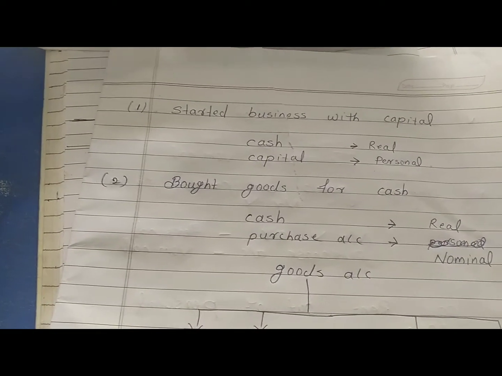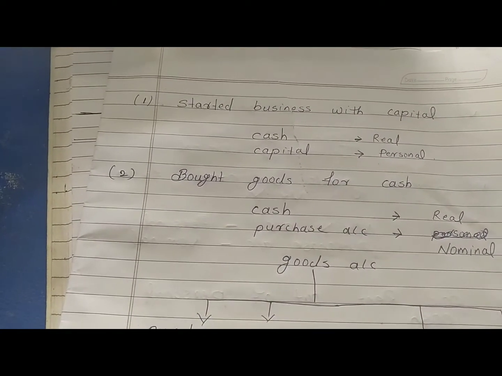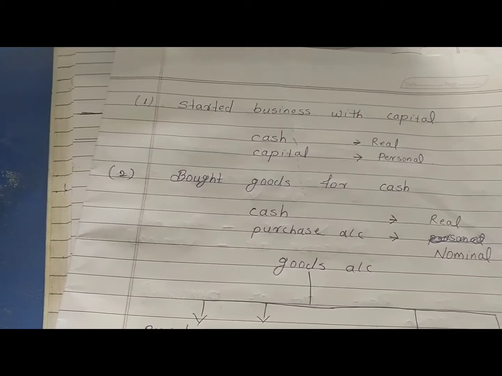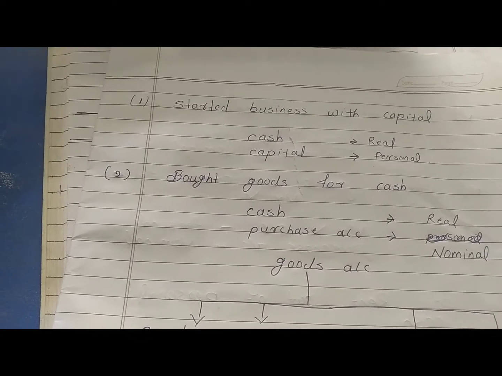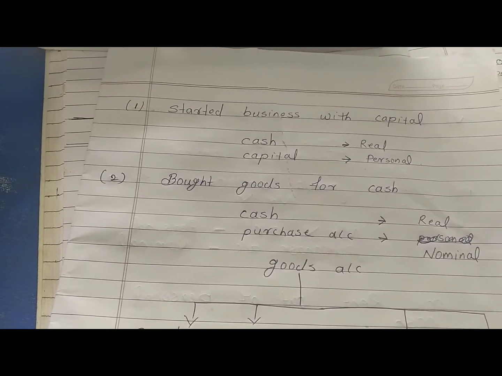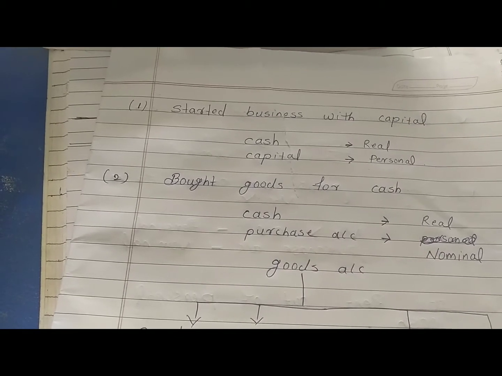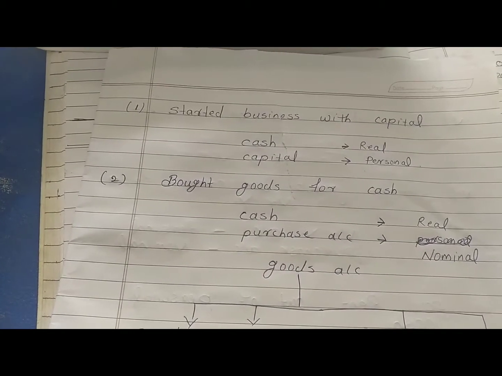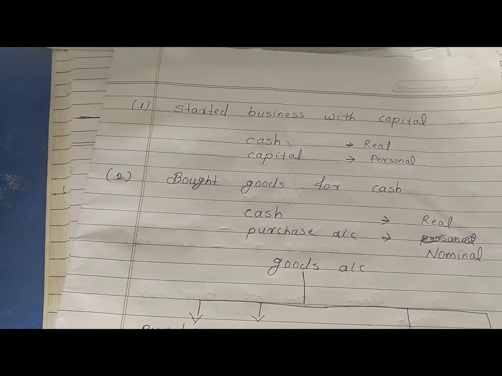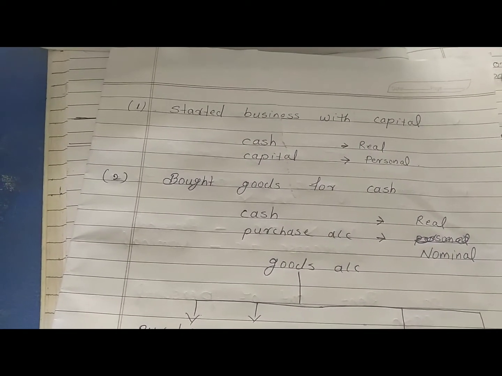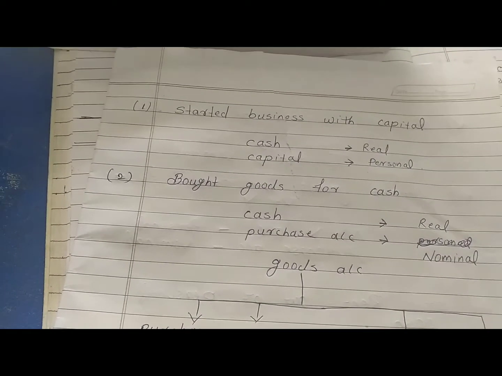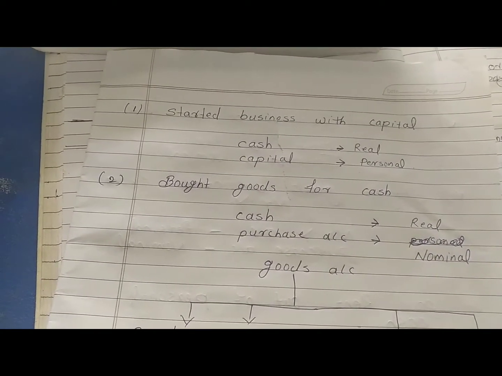Like, bought goods for cash. So here bought goods means purchased goods. So it's a purchase account, right? Cash is also involved, so cash and purchase account are involved. Cash, you know that it's a real account, it's an asset. And when you purchase goods, it is an expense, right? Under the traditional approach, it is considered an expense, so it comes under nominal account.